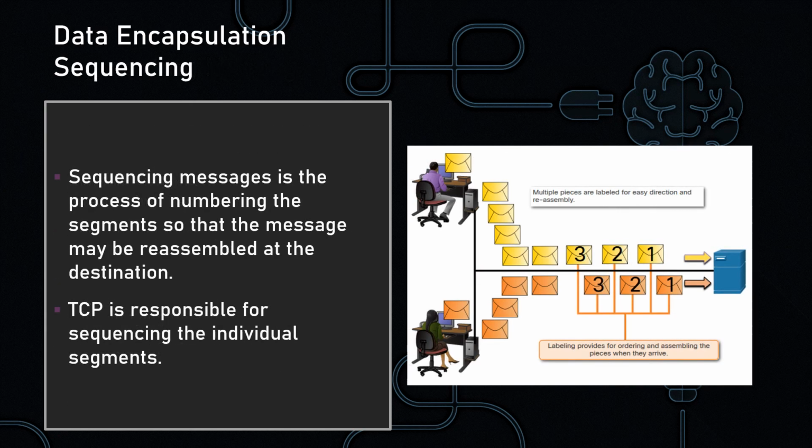Sequencing messages is the process of numbering the segments that each message needs to be reassembled at the destination. So here we have a labeling process, and then we can sequence them and send them across so that we say, okay, this particular application, this port number, if you will, is requesting this program's information. So we're going to go ahead and send it. We're going to send it piece 1, 2, 3, 4, 5, 6, 7.